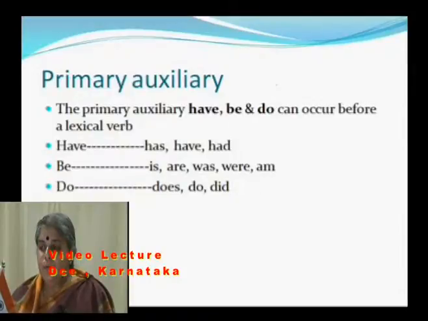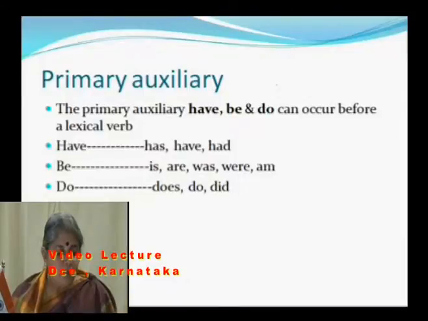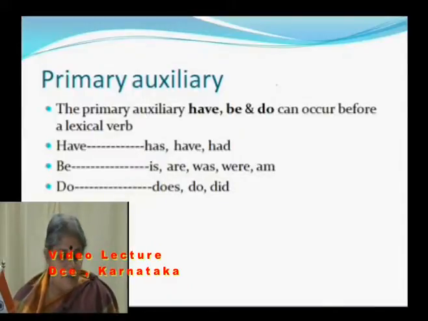Does, do, did. All the three auxiliaries have the past tense and the present tense forms. Now, more than one of these can occur with the lexical verb. An important feature of these primary auxiliaries is that they can function either as auxiliary verbs or as lexical verbs.